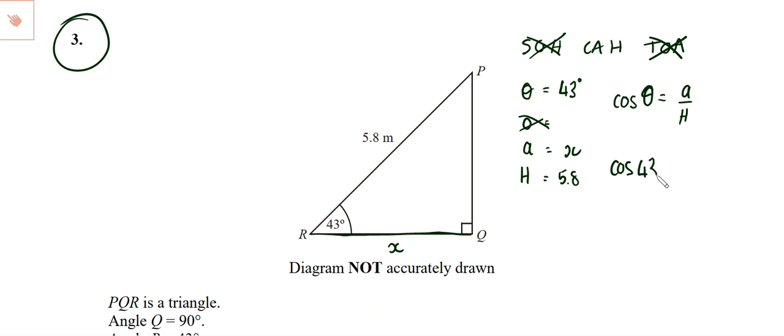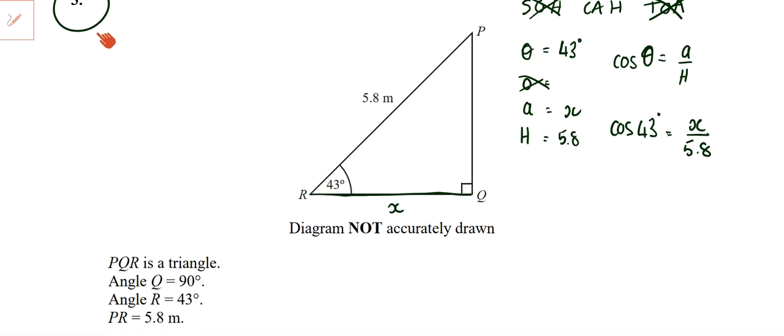40. I got 0.7. Reduce the line, and zeros.